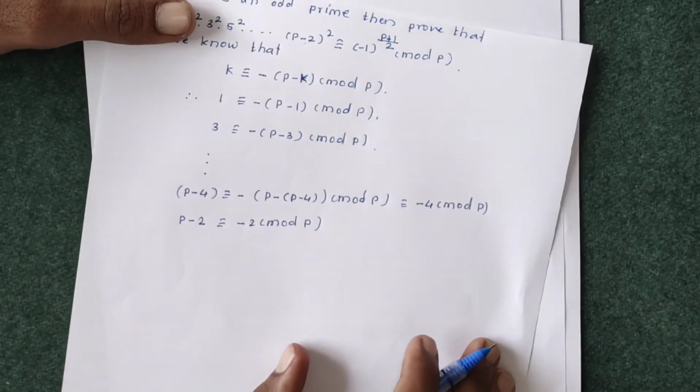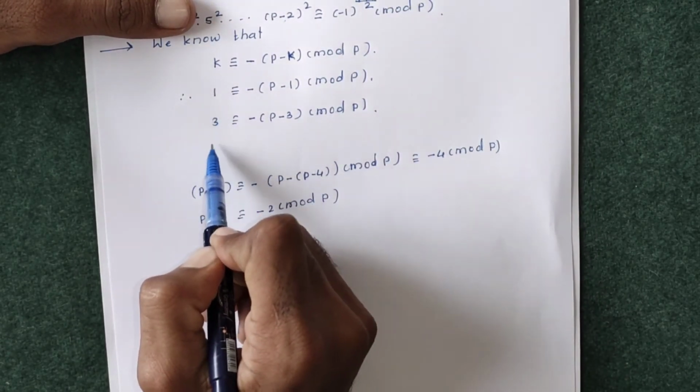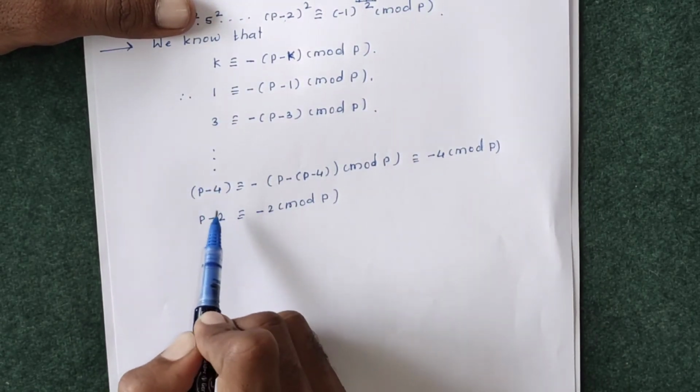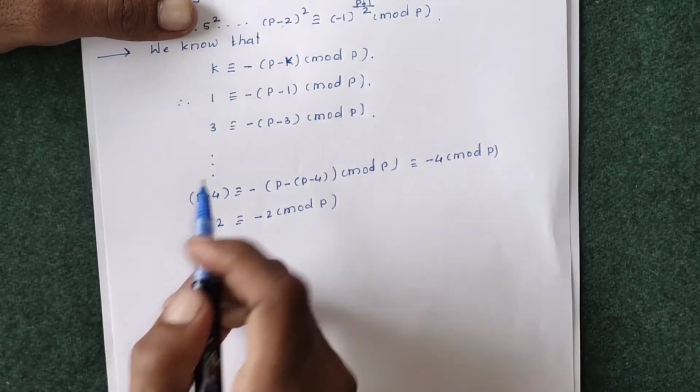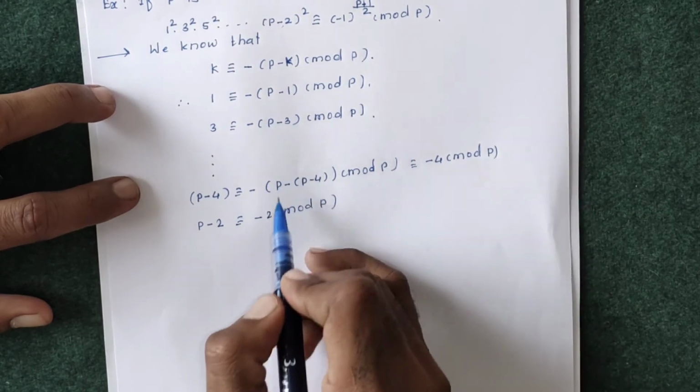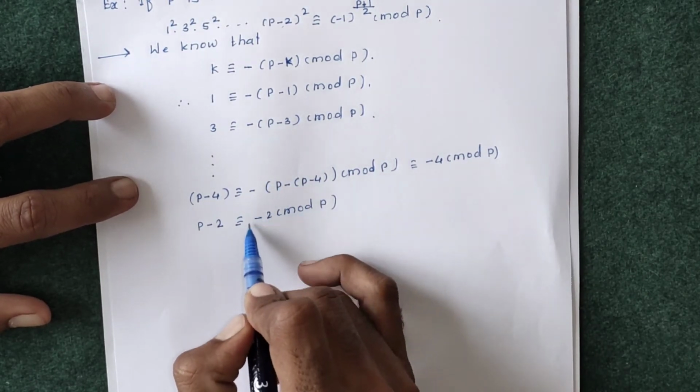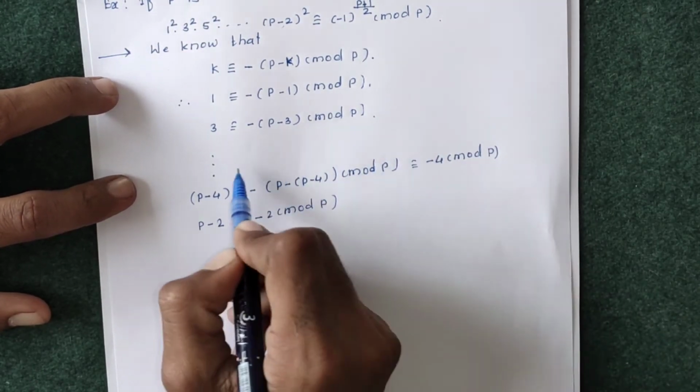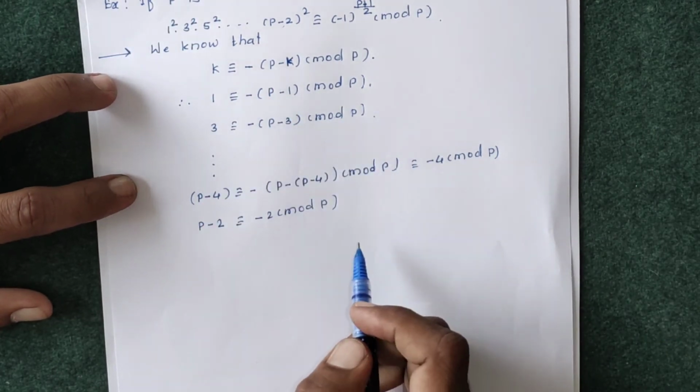If we see here 1, 3, 5, these odd numbers are the left hand side of the congruence. In the right hand side, or in the residues, we can see minus 2, minus 4, minus 6, all of these even numbers.